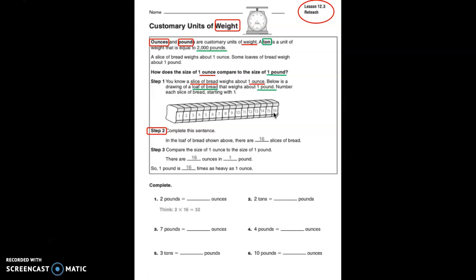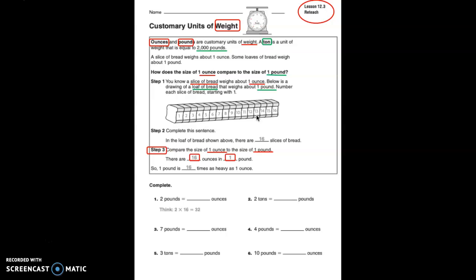Step 2. Complete the sentence. In the loaf of bread shown above, there are 16 slices of bread. And remember, each slice is about 1 ounce. Step 3. Compare the size of 1 ounce to the size of 1 pound.